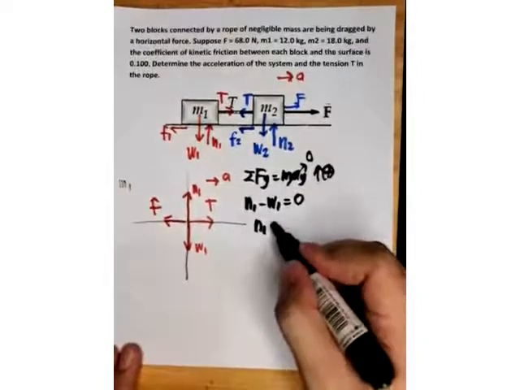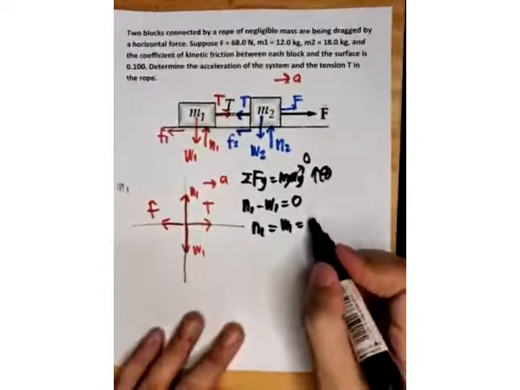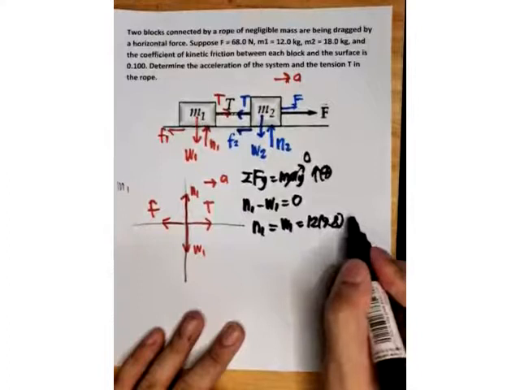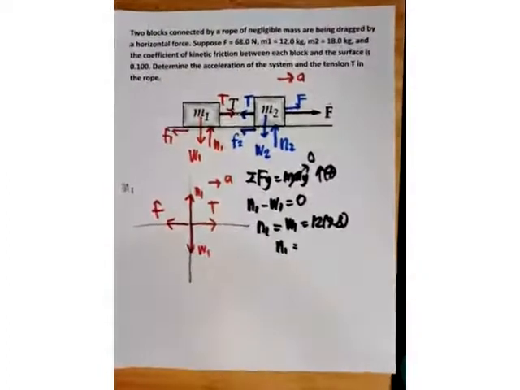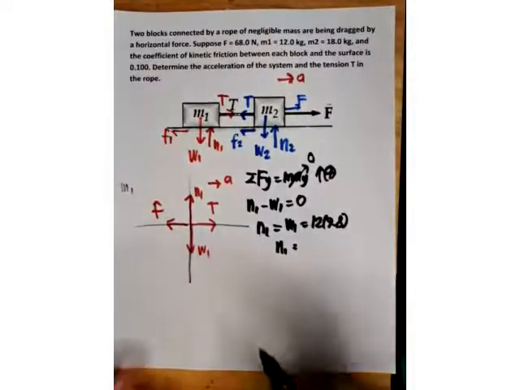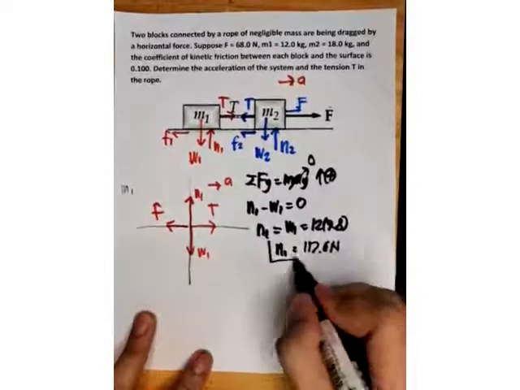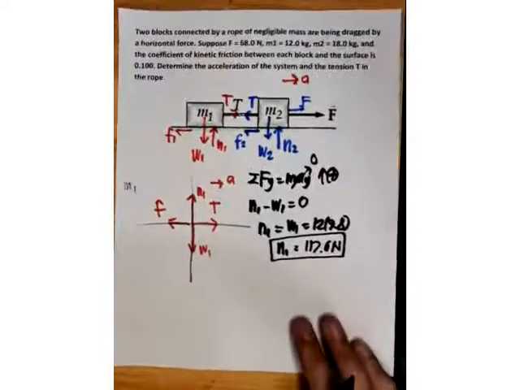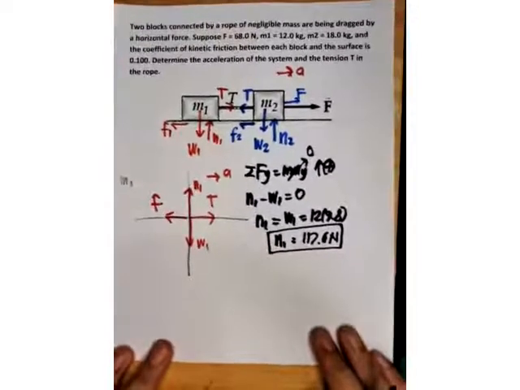So N1 is equal to weight 1, which is equal to 12 times 9.8. So that will be 117.6 newtons.